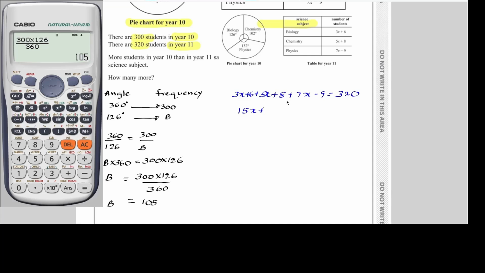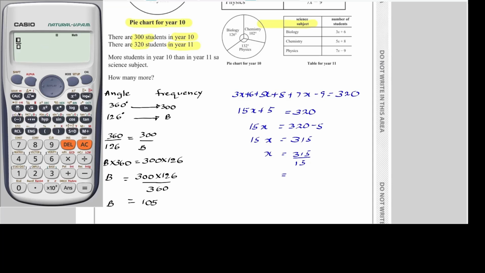Plus 6 plus 8 minus 9, we are getting 5, equals 320. Now I need to move this one to this side, then it gets negative. So 15x equals 320 minus 5. 15x equals 315. So I need to get x, then I need to divide this side by 15.